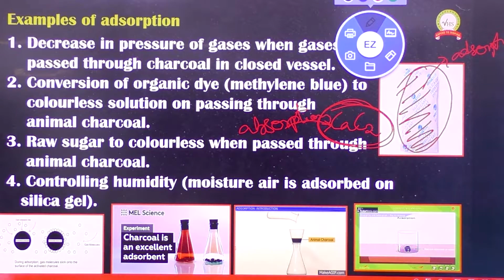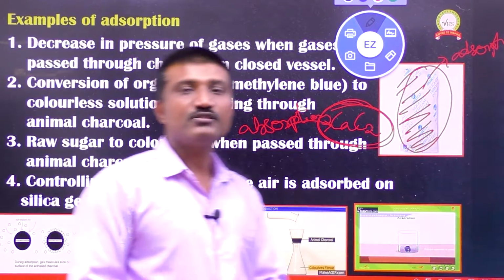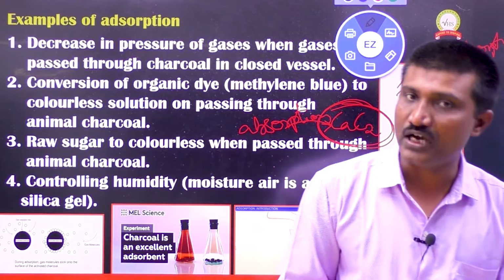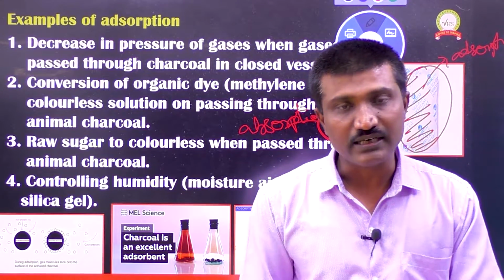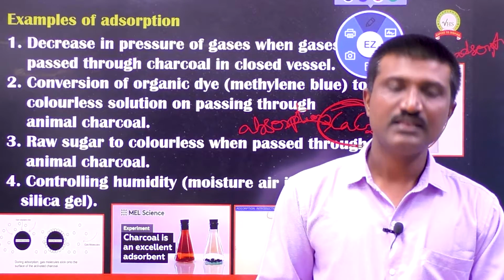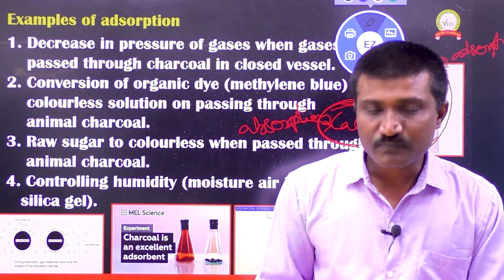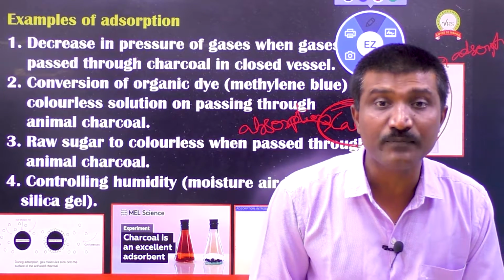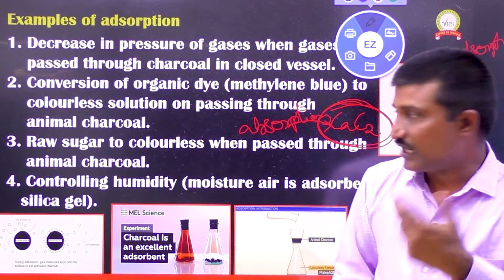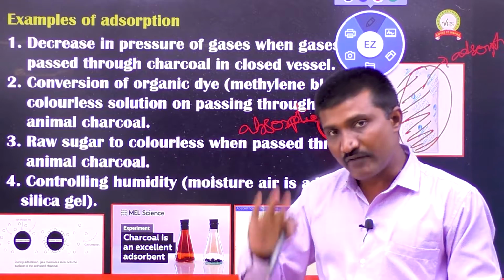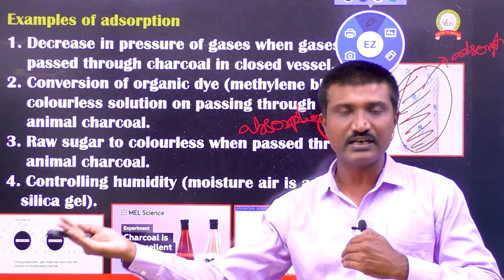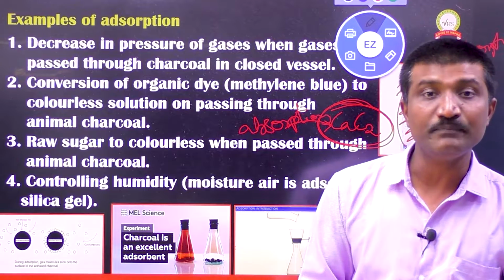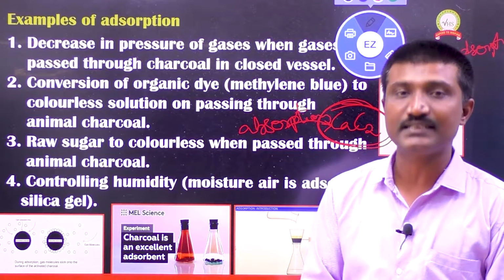And raw sugar, which we get in the sugar industry, is not colorless, it is a colored solution. The color of the raw sugar is due to the presence of impurities. So, to convert that impure raw sugar to pure sugar, we have to remove the impurities which cause the color.